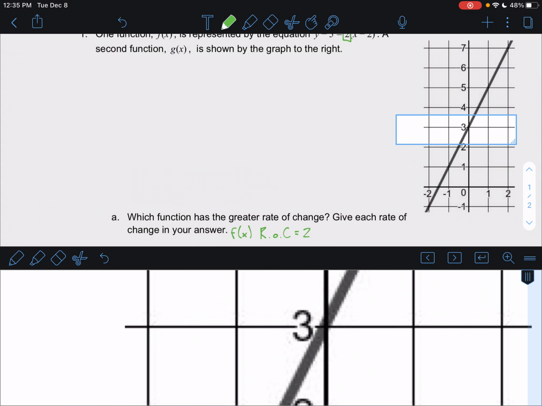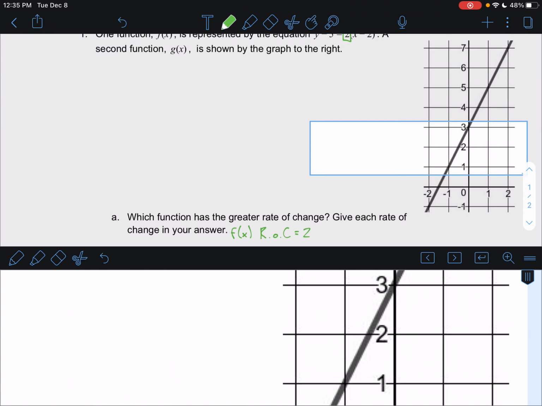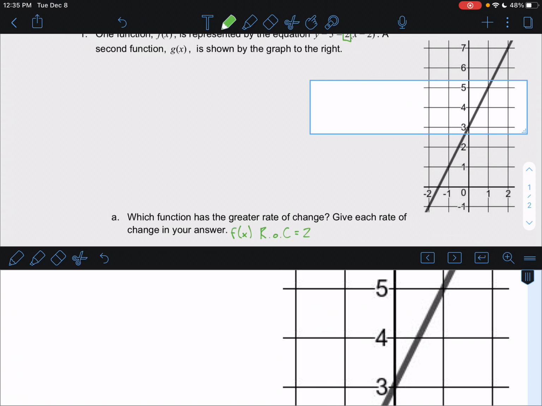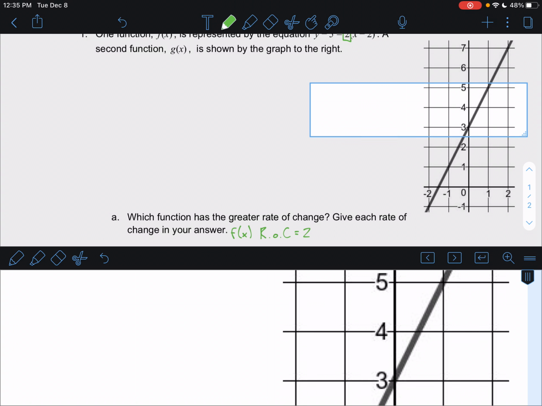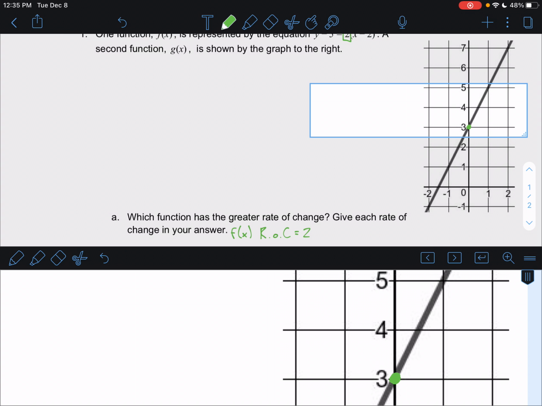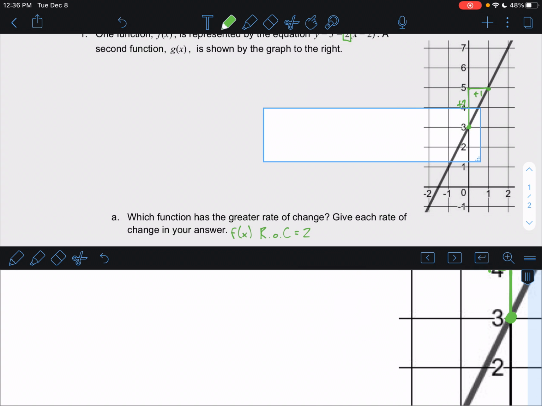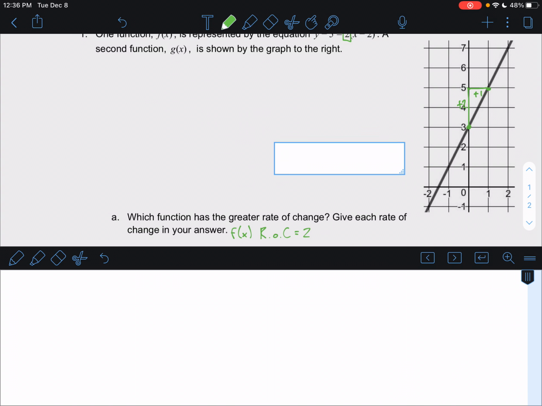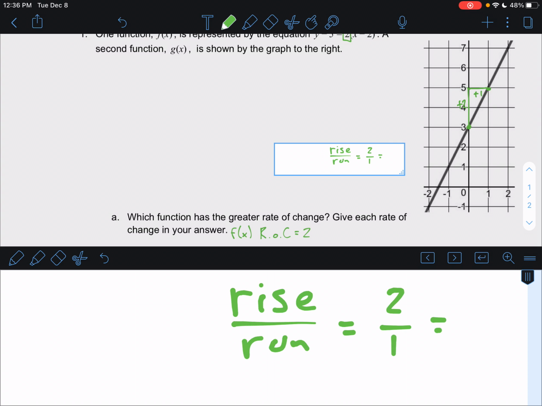And the rate of change for this graph here, well, remember, rate of change is rise over run. So I'm just going to pick 2 points that I know are on the graph. How about right there and right there? That is a rise of 2 and a run of 1. So rise over run is 2 over 1, or just 2.